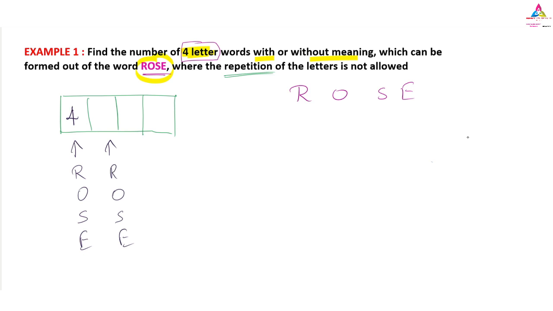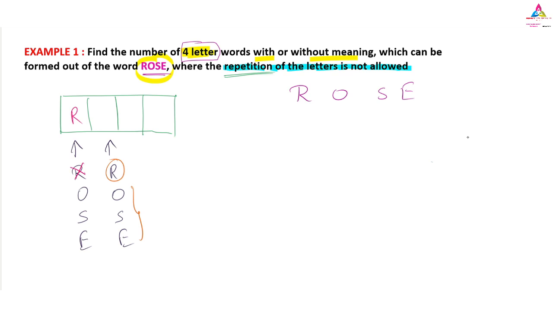But the question says repetition is not allowed. If you write R here first, R is already used, so here again I can't write R, because R is already taken in the beginning. So how many possibilities do we have?